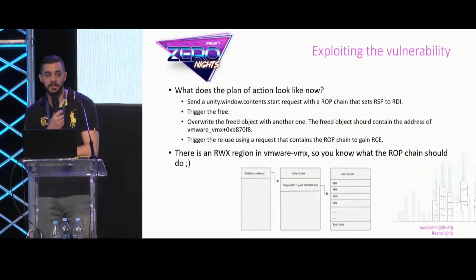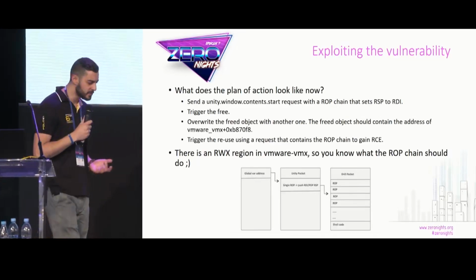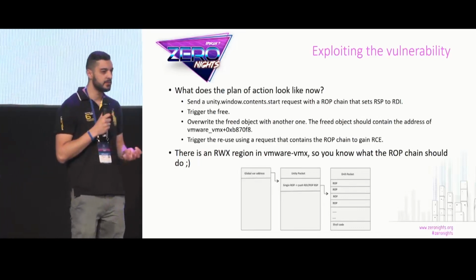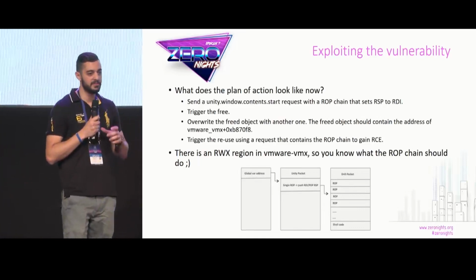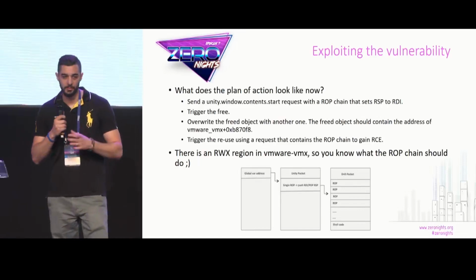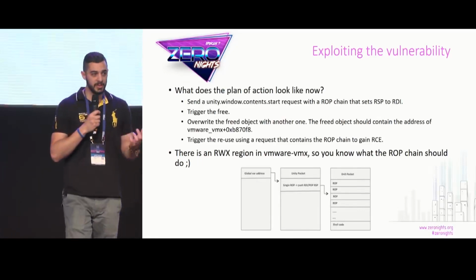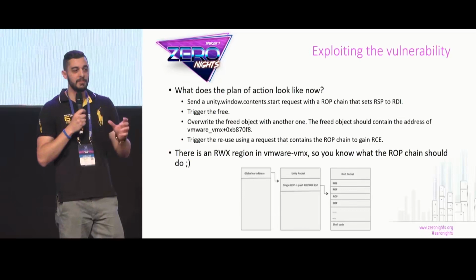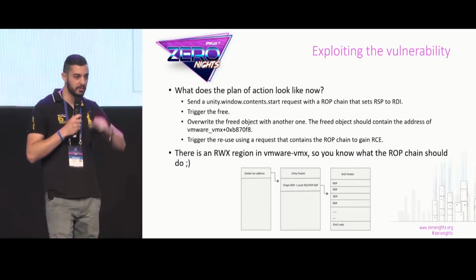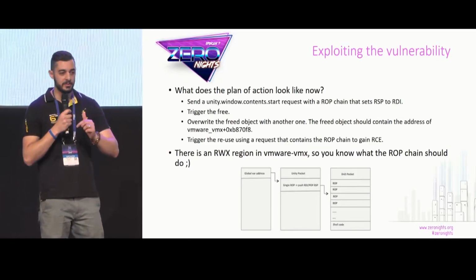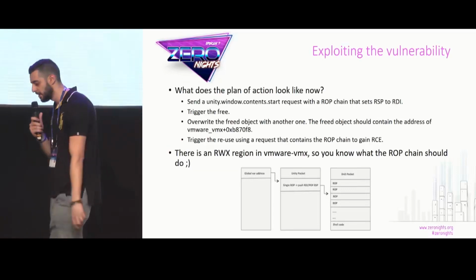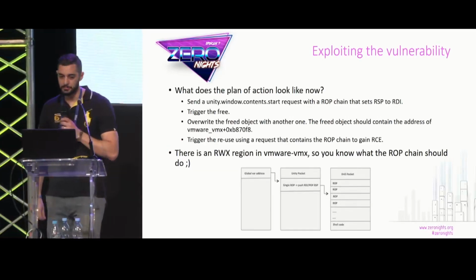For the record, I think up to version 12.5.7, I did not check the recent one, you have a region in VMware VMX that's RWX. So your ROP chain should be relatively simple. Basically, just memcpy your payload into that specific region, and then return to it since it's RWX, and then our problem will be solved.